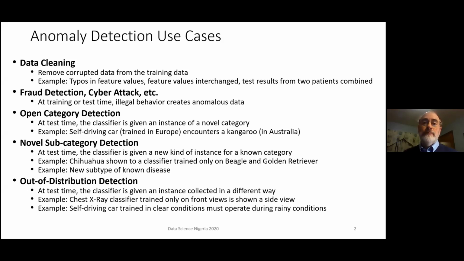But the assumption in supervised learning, especially when you're doing discriminative training, where we train on the conditional probability of the class label given the inputs, which is the standard thing, and we use, say, the cross entropy loss, is that we are really telling the system that there are only these k possible classes.